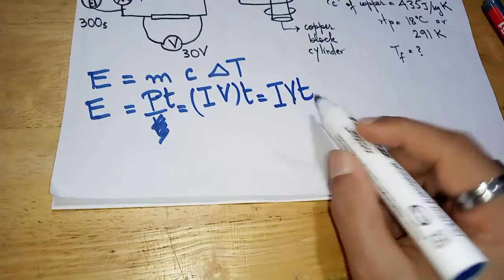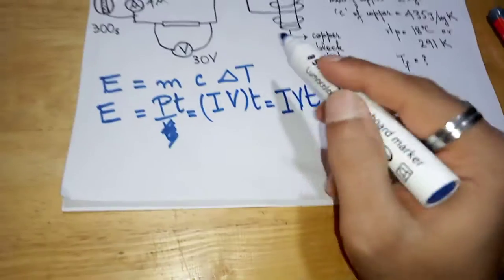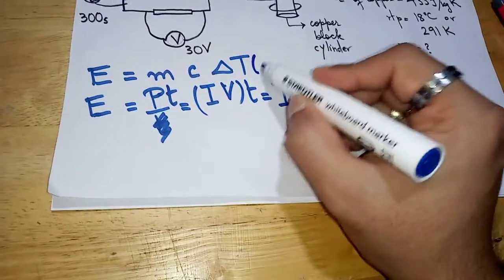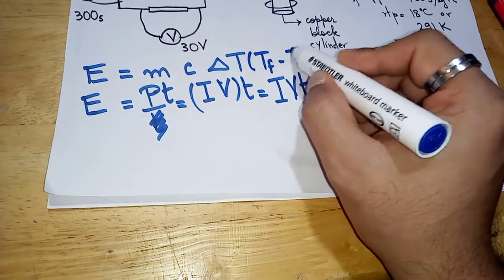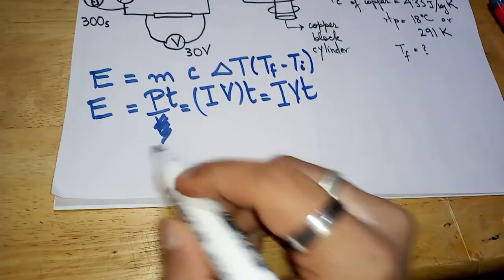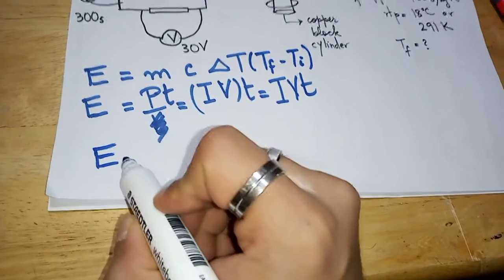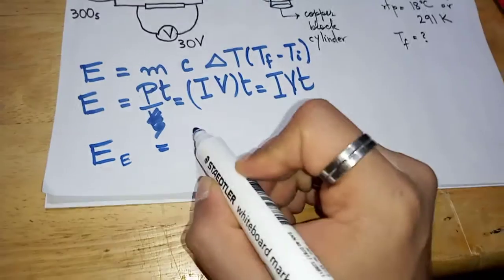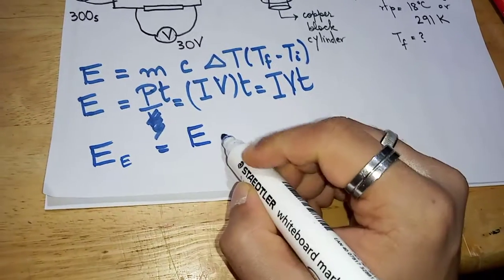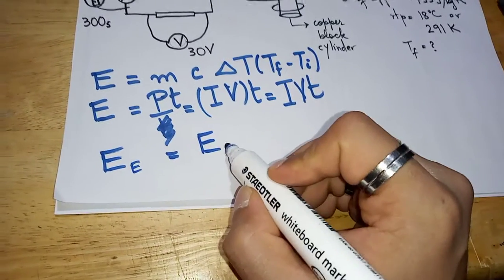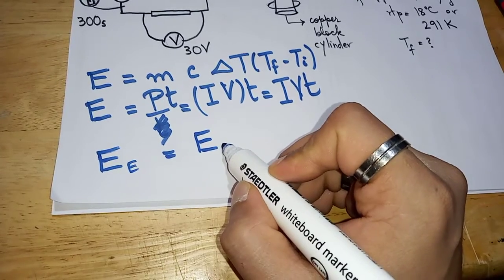So we've got all of these, but we don't have T final minus T initial. So we will have to equate the electrical energy supplied into the circuit to the thermal energy to find the final temperature.